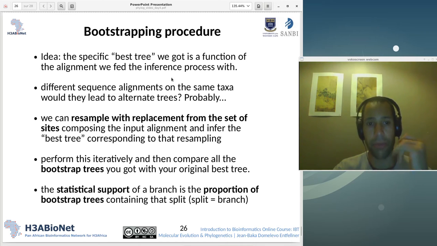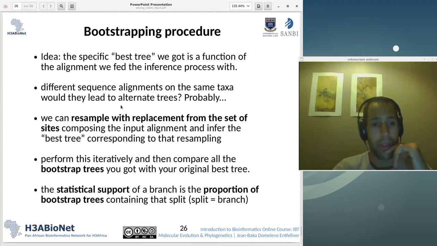It's a function of the alignment we fed the inference process with, and we can notice that if we were to have different sequence alignments on the same taxa, sequencing, for instance, different parts of the genome to get an alignment on which to build a tree, maybe they would lead to alternate trees, these different sequencings. So probably, but maybe all of these trees would agree on certain parts of the tree, at least.